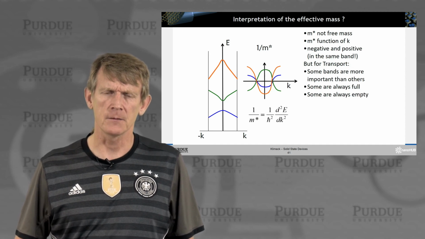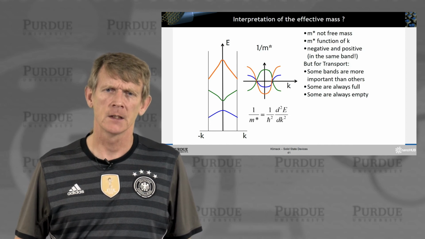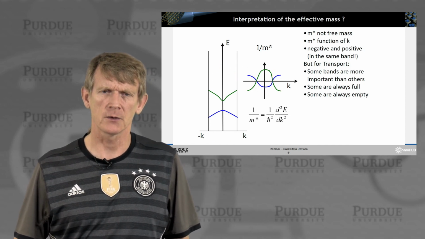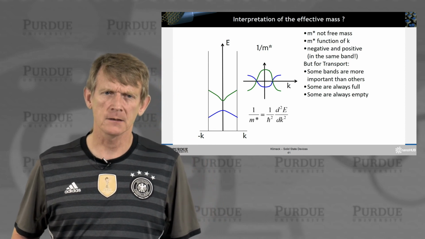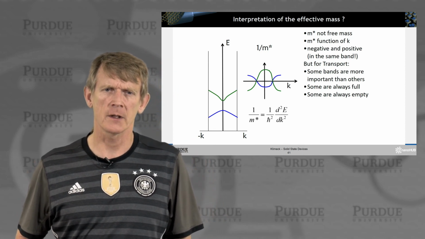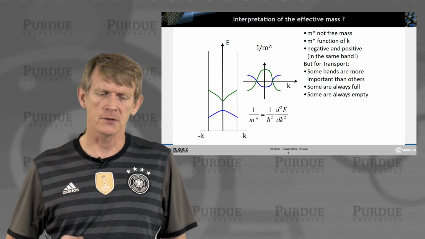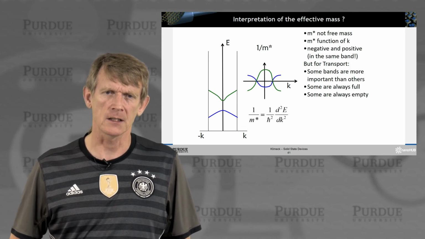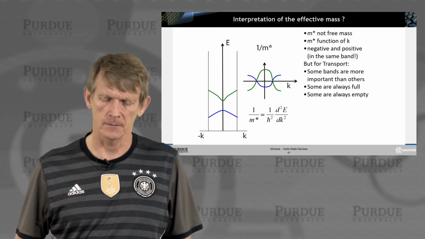Some are always empty because they're so high in energy we can't get electrons there, so we can forget about those. So we typically deal with what we call conduction bands, so typically the lowest conduction band, and the valence bands, and there's typically 3 that are involved here in the sketch. For the one-dimensional periodic case, it's just one valence band.